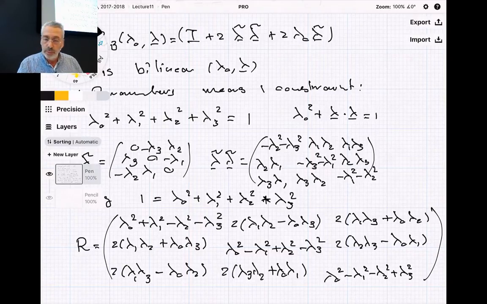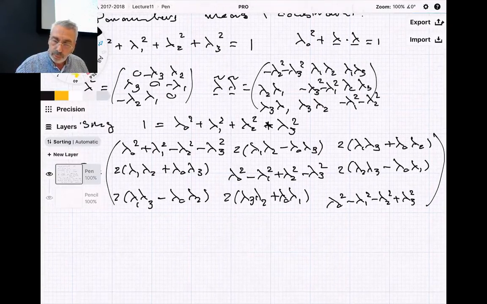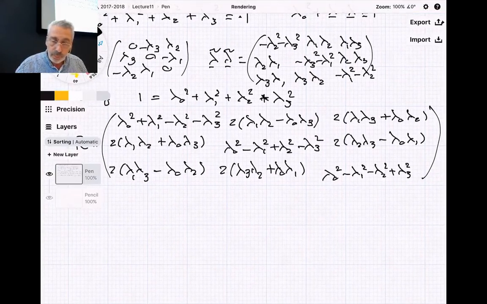So, we see also that, of course, it's not asymmetric, because there's a symmetric part in it and an asymmetric part in it. It's clearly bilinear in the Euler parameters.